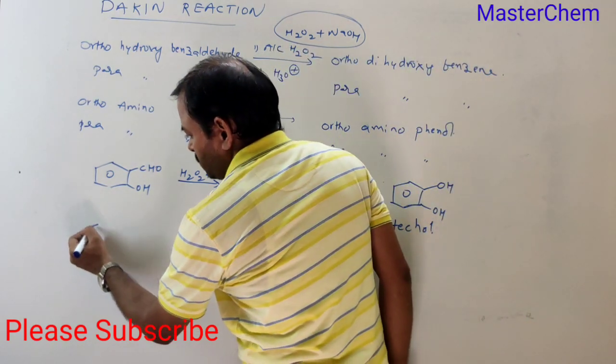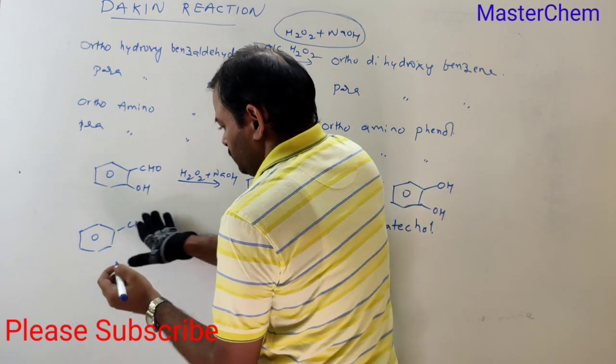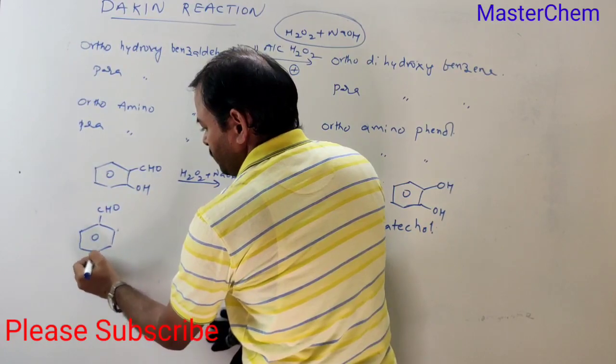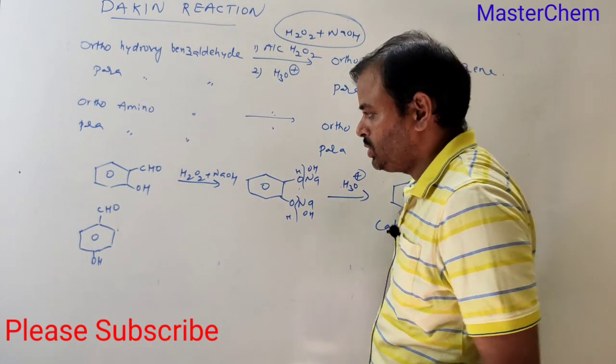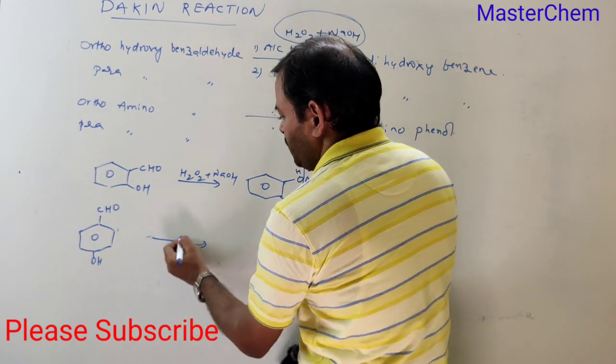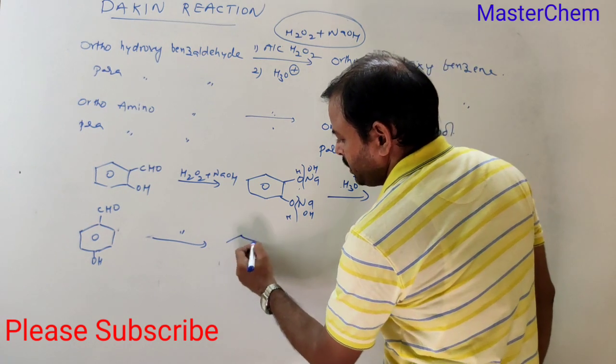Here, take the CHO at the para position and place OH at the para position, and then the same alkaline H2O2, H2O2 with NaOH. What is the product?